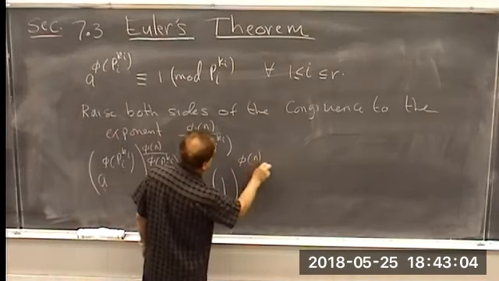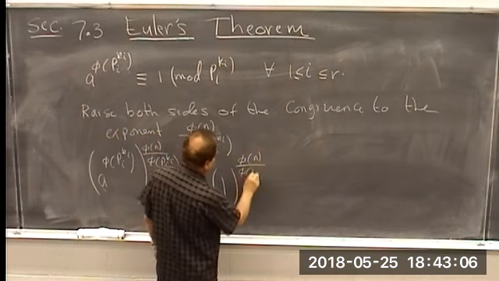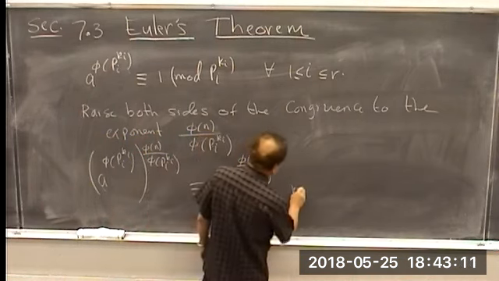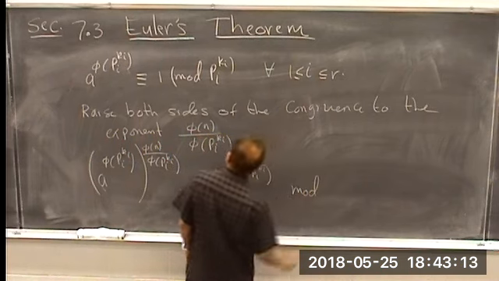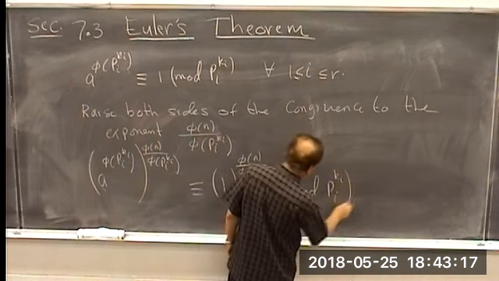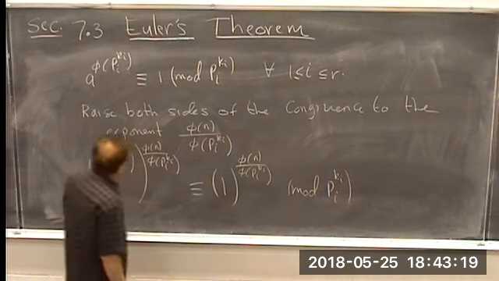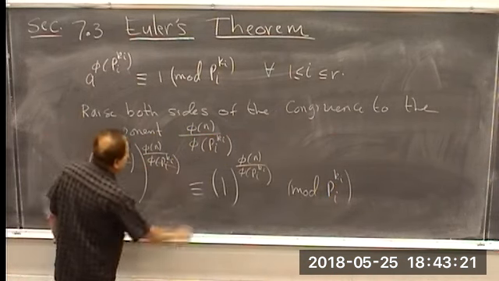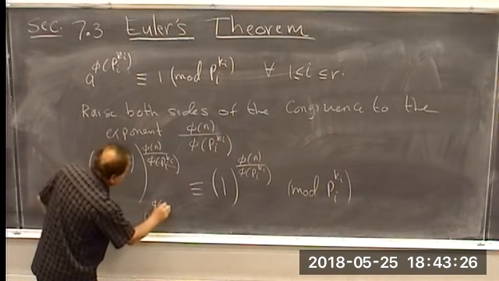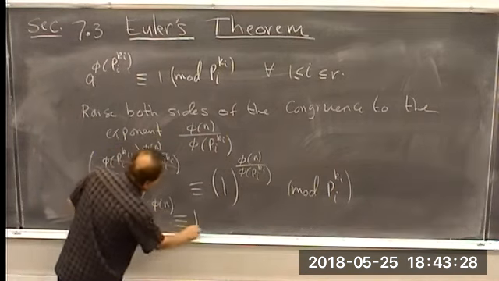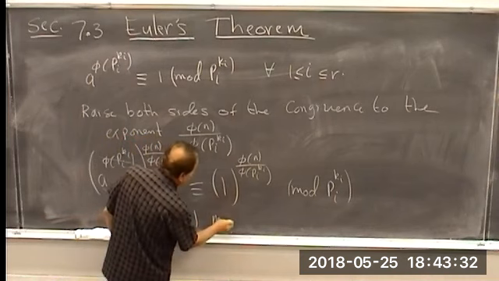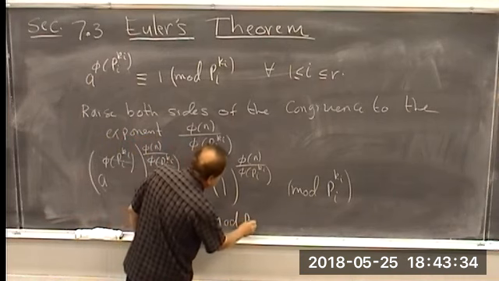Of course, we're not going to change anything, but let me write it, mod p_i^k_i. Now, of course, these cancel out, and we end up with a to the phi of n is congruent to 1 mod p_i^k_i.